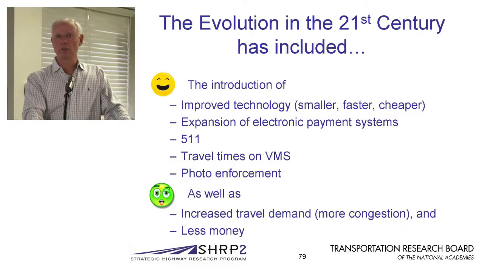And even into areas like photo enforcement, especially in areas like school zones and other problematic safety areas. But as we know, congestion continues to increase, and the money hasn't necessarily kept pace with the advances of what we're able to do. Again, in large part because the pie available to support all transportation hasn't grown in a long time in most cases either.